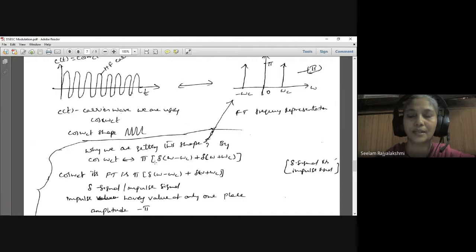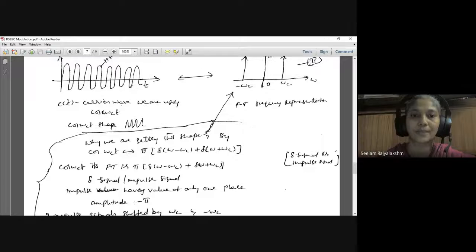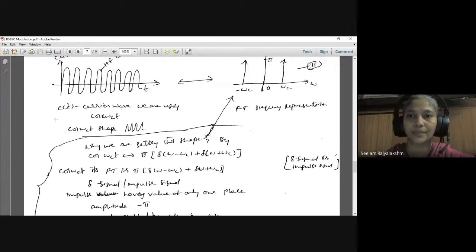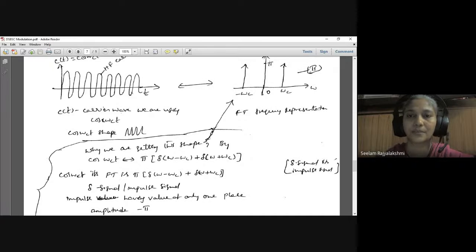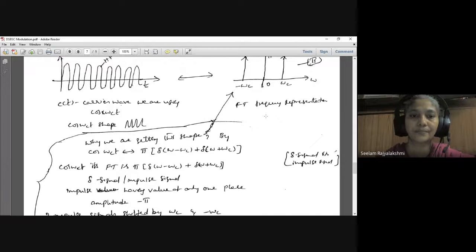Here delta is the impulse signal, having a value at only one place. Here the amplitude is pi for the carrier wave.